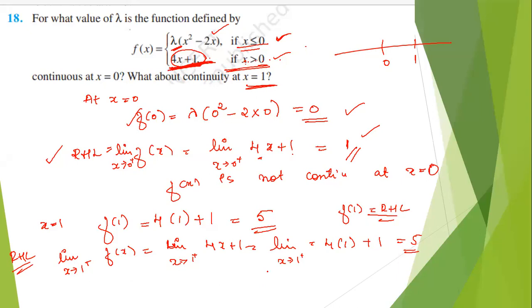So we can say f of x is continuous at x equal to 1 for any values of lambda. But in the first case, it is not continuous for any value of lambda. Here it is continuous for any value, whatever value you take for lambda, the function is continuous.